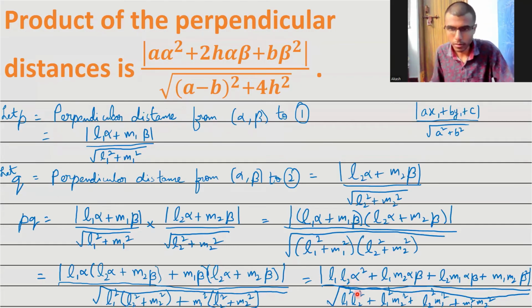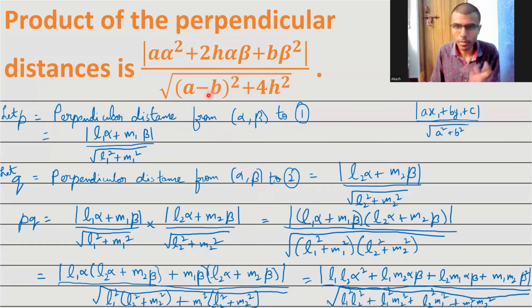Okay, where is the cursor? Okay, fine. So now here L1 square L2 square plus L1 square M2 square, and then this. Now here, if you'll observe, there is something of the form A minus B whole square.